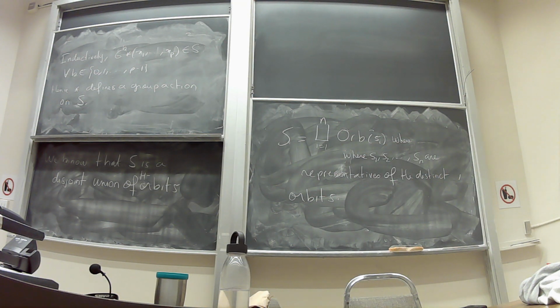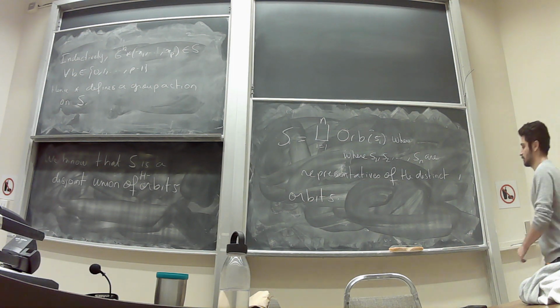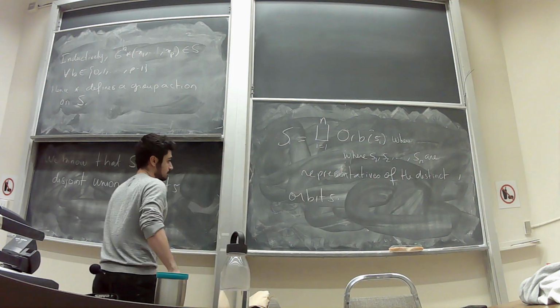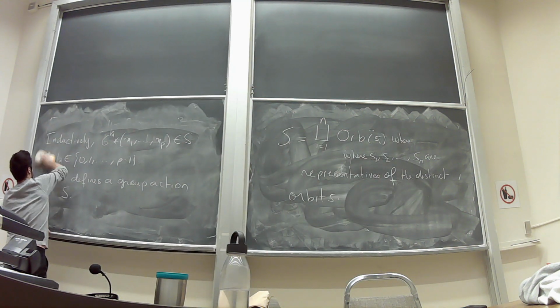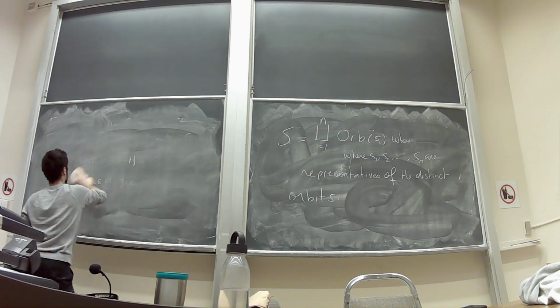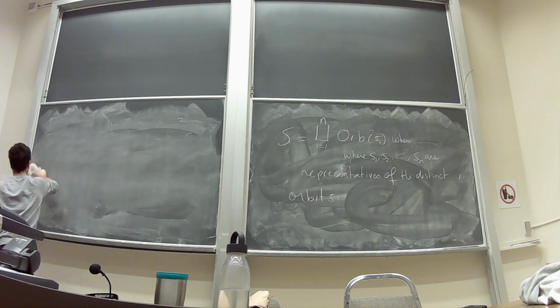Now you remember in your assignment 4, what did you do? You split the orbits into orbits of size 1 and orbits of size larger than 1. Why don't we do the same? Does this mean this is a normal set?